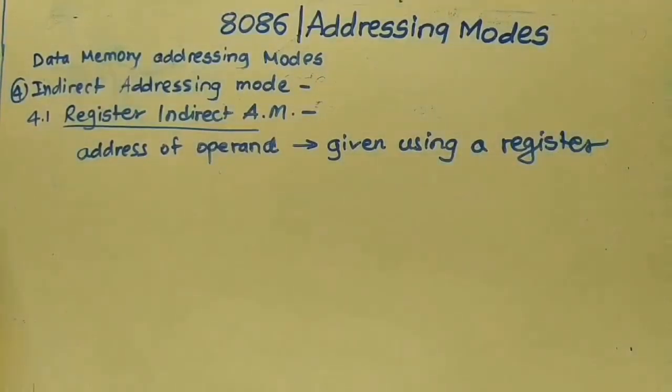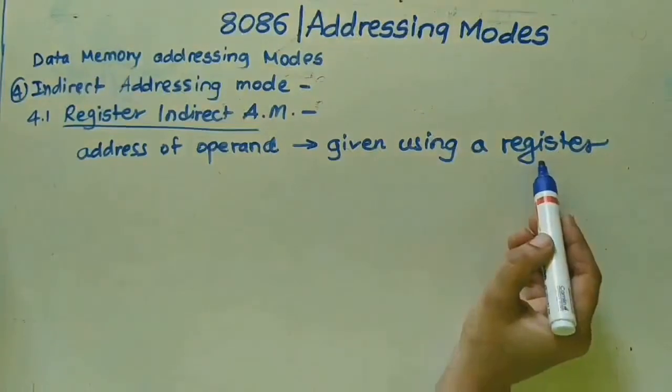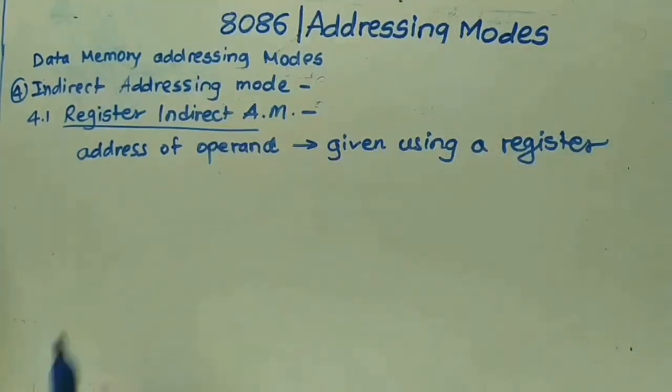The data that we need to operate on is present on some memory location, and the address of that memory location is stored into the register, and that register is used within the instruction.